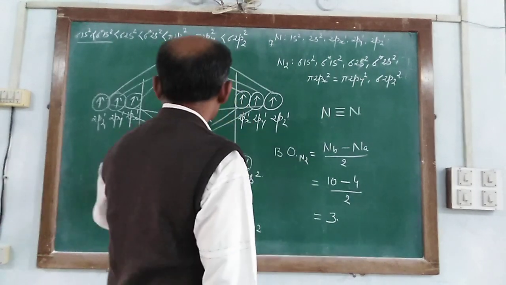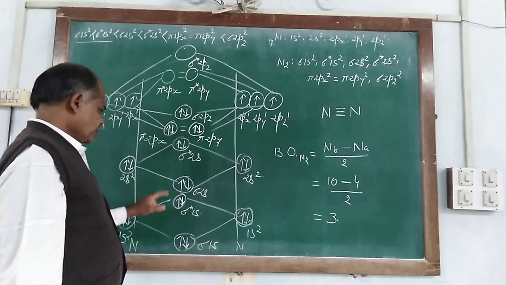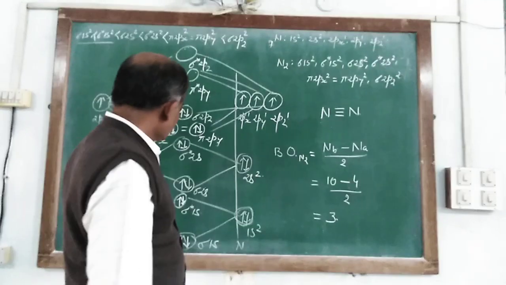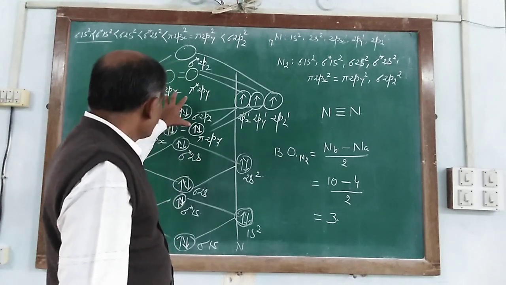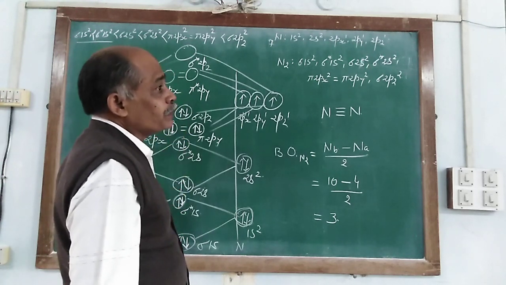Now we discuss, or we give the explanation for, the magnetic properties of the N2 molecule. So in the molecular orbital diagram, all of the electrons are accommodated in pairs.